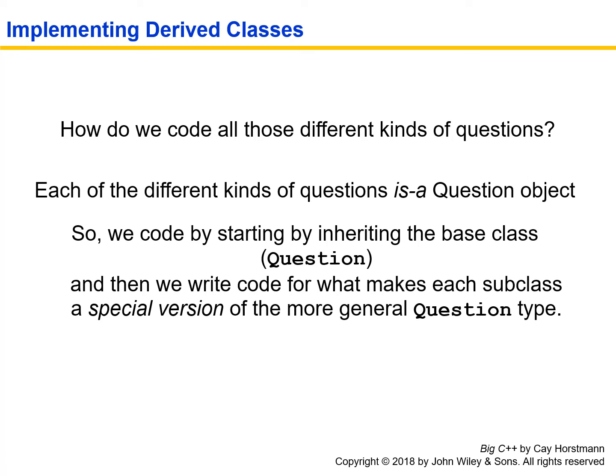So we start by coding the question base class, which will have a general function for setting the question text, a general function for setting the answer, a generalized function for displaying the question, and a generalized function for checking the answer, which would probably just say if student's answer equals answer, then return true.